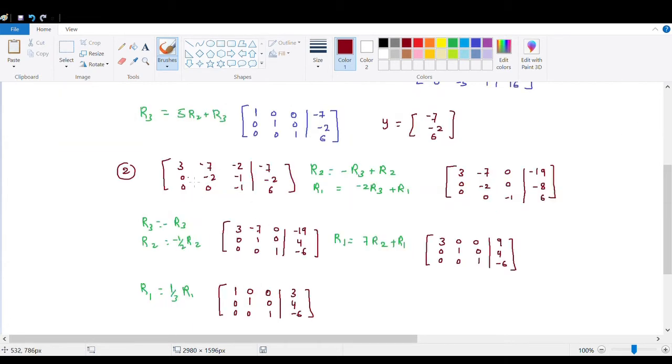So here is our matrix U and here our y, and we do row operations until we get this form. From here we conclude that x is [3, 4, -6]. If we do row operations on Ax = b, we get the same answer, [3, 4, -6]. I solved this using the LU factorization, so you should also do it as Ax = b, doing row operations to see that you have the same answer.